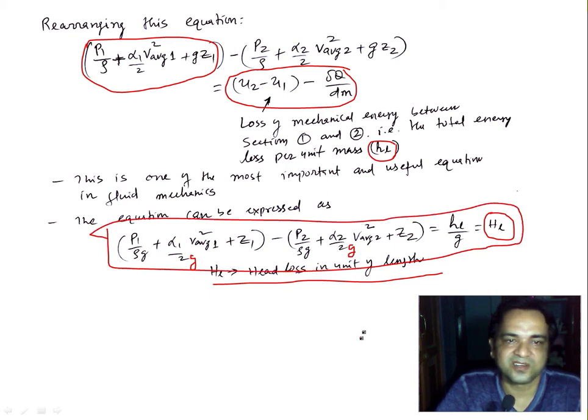This is in terms of the unit of length: the summation of all energies at inlet minus the summation of all energies at outlet is equal to the head loss. This expression we will use. This one can also be used, but that is per unit mass, and this expression is in terms of unit of length. Thanks.